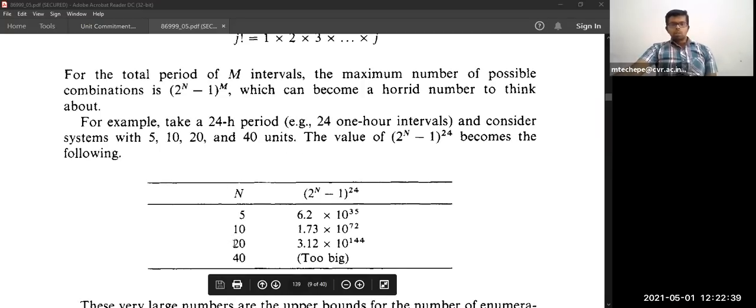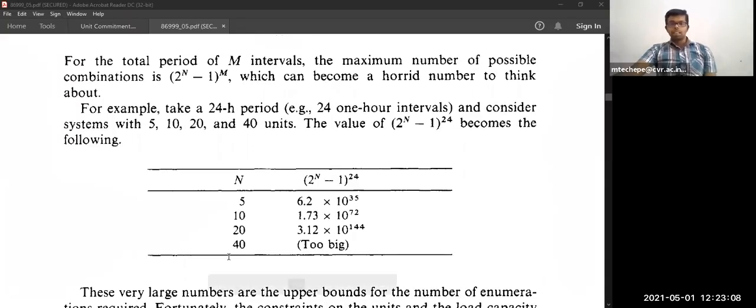Next, for 20 generating units, it comes to 3.12 into 10 to the power of 144, so 144 zeros you have to add here, 72 zeros for the previous one, and 35 zeros for the first.